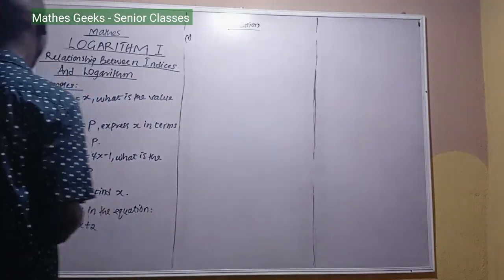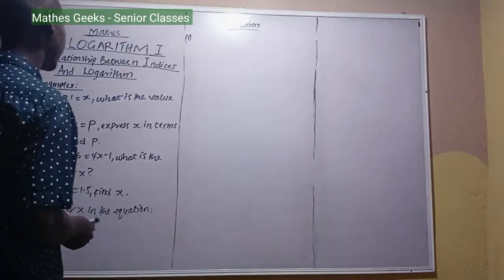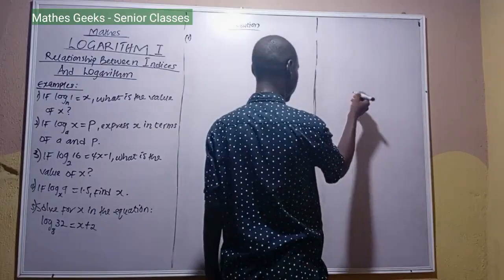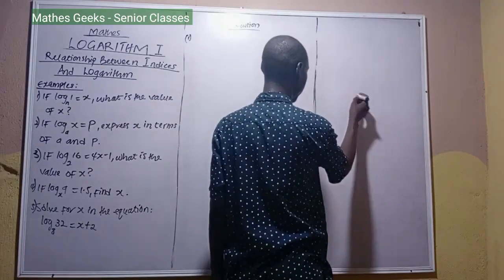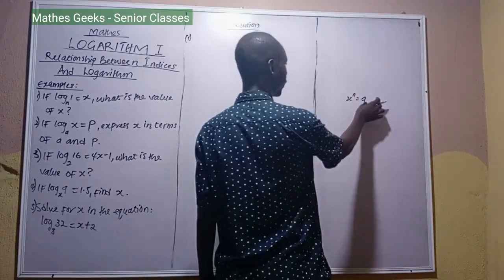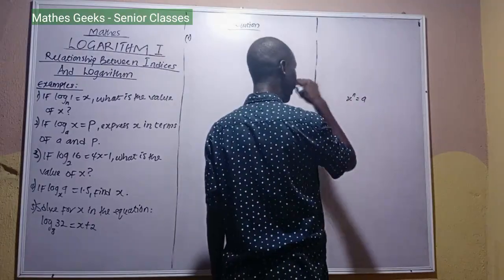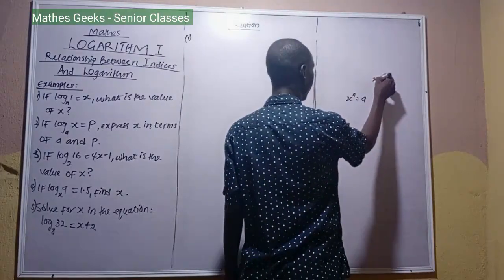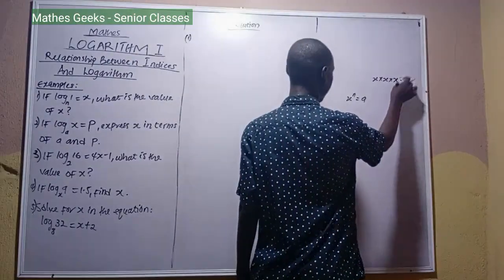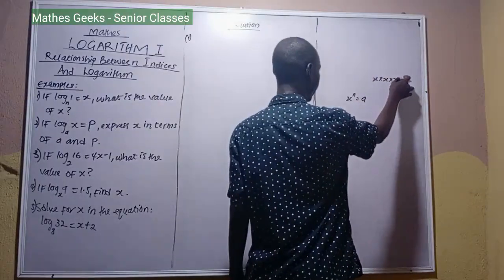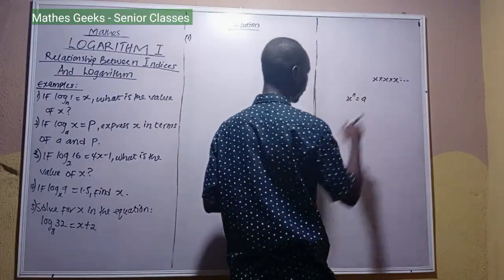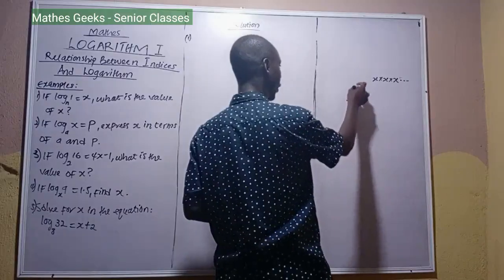If log 1 to base n is equal to x, what's the value of x? First, let me start by saying that remember indices: if we're given a function such as x raised to the power n equals a, this means x raised to the power n is a shortened form of x times x continuously, until it gets n times. So x multiplies itself repeatedly according to the number we have here.